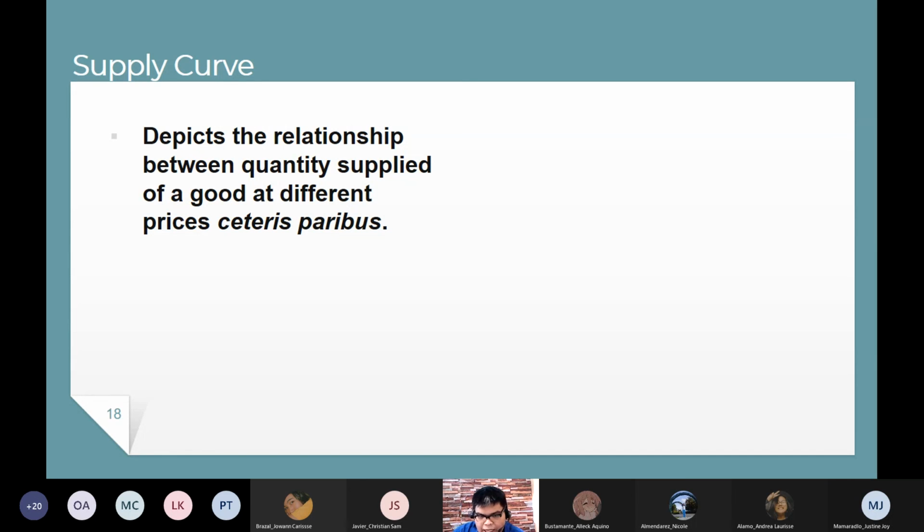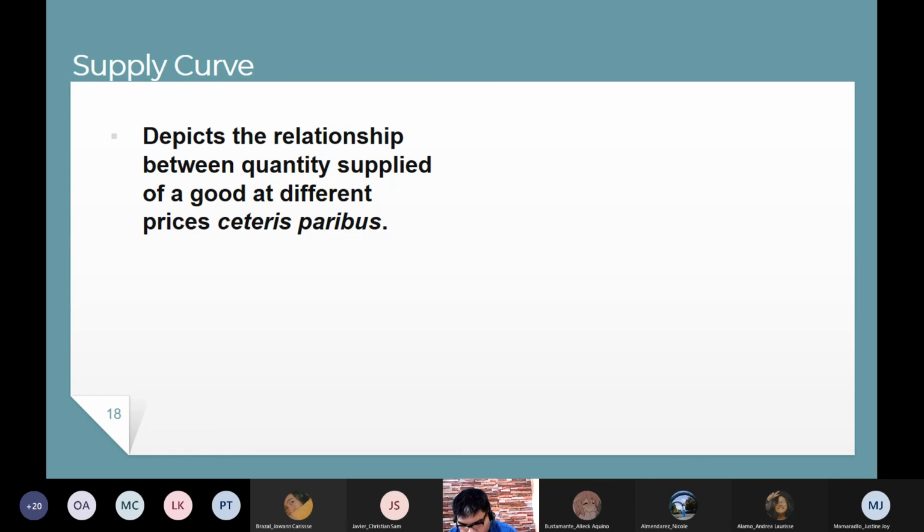Tapos mas konti ng konti yung mga low end. And pinaka-konti sa lahat ng items is yung high end na cellphone. Kahit na flagship ni Oppo is yung pinaka high end nila, mas marami pa rin yung quantity ng mga mid-range products nila compared dun sa mga high end. Okay. Nasaan ako?